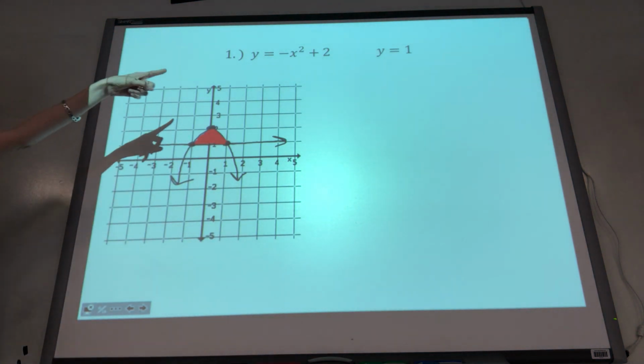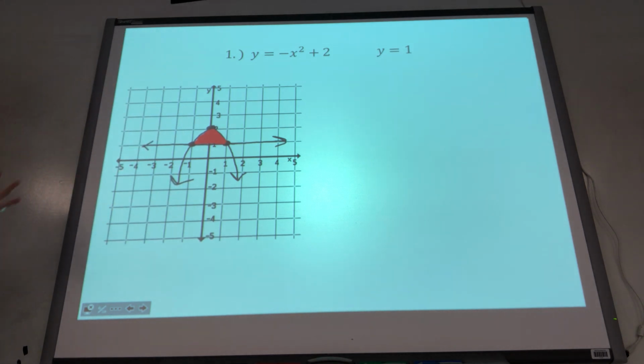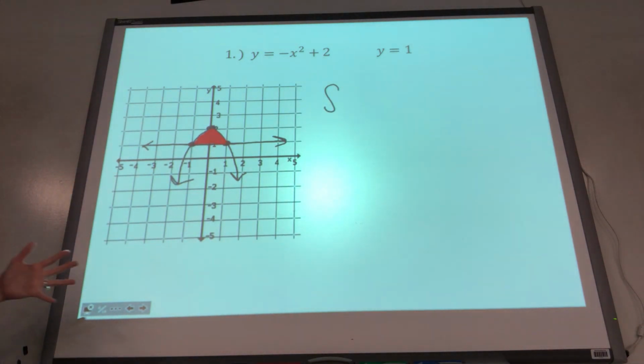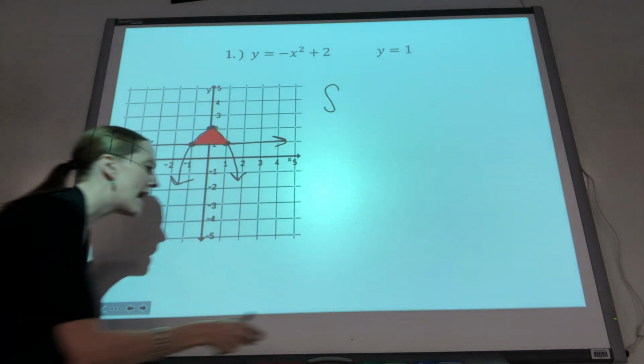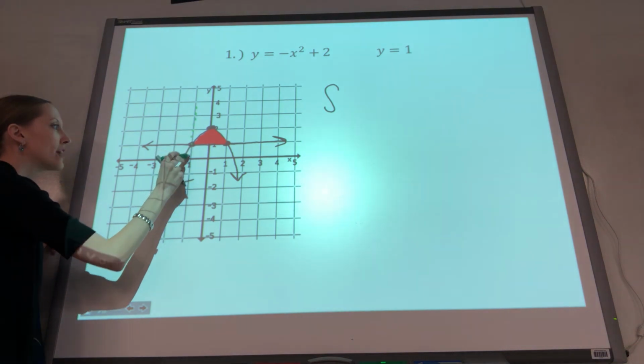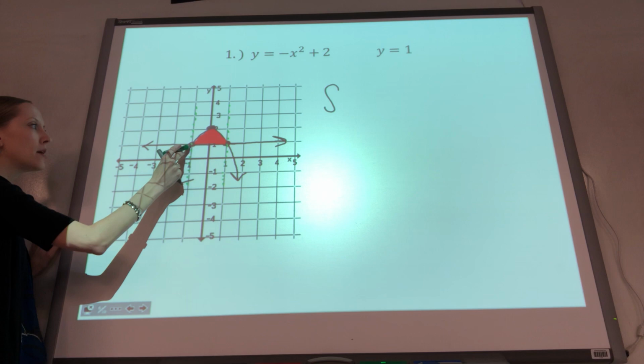Okay, notice it doesn't say f of x and g of x. We're going to have to figure out which one goes first, which one goes second. So here comes my integral. Now A and B, looking at our region here, I'm just going to draw this here so you can see it better.